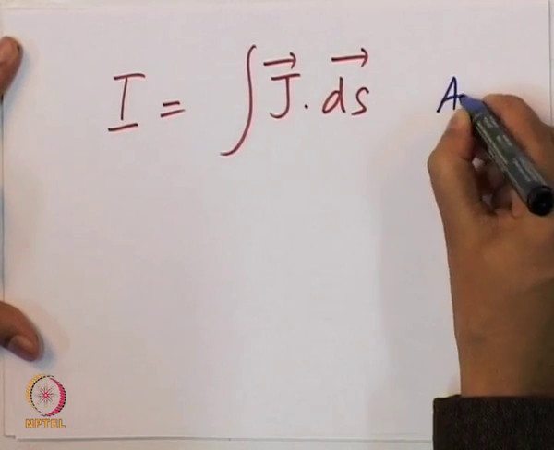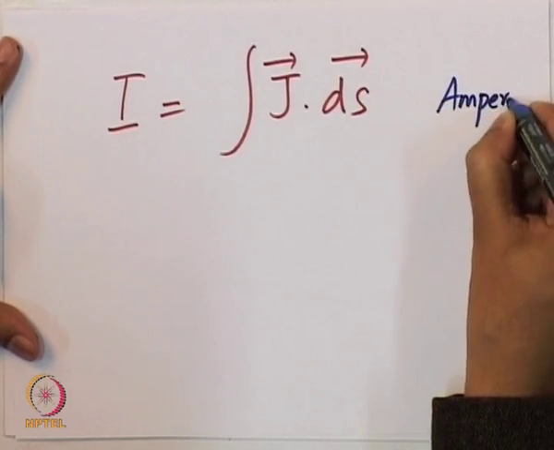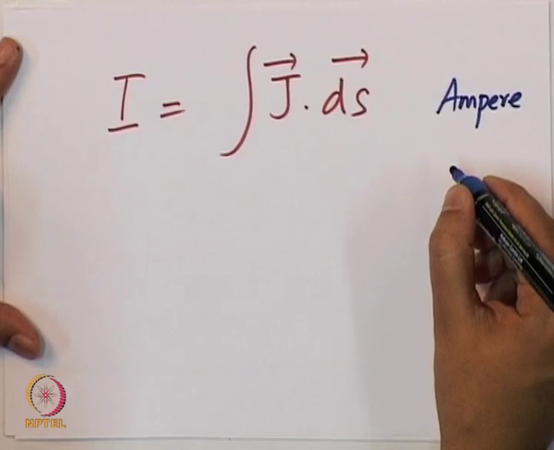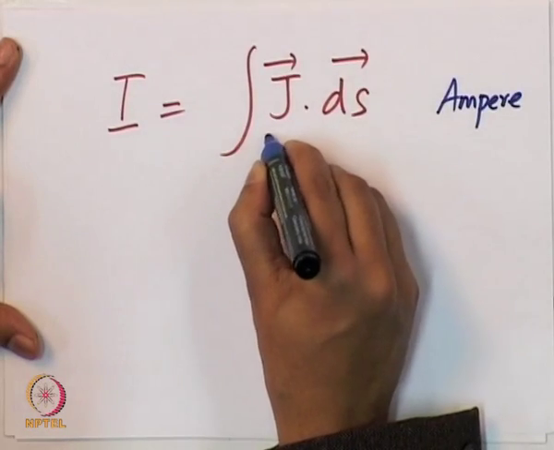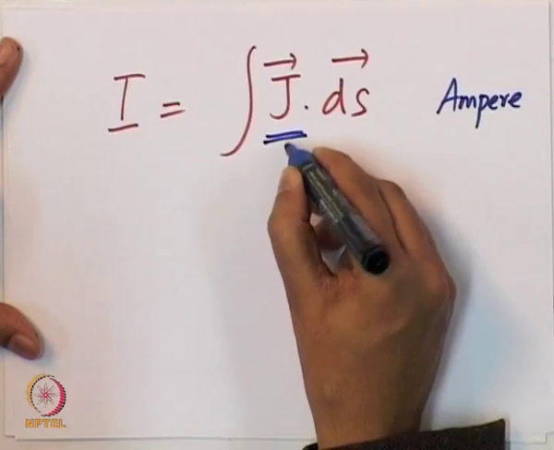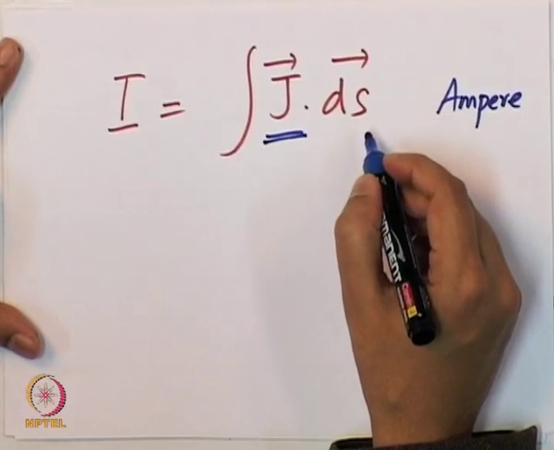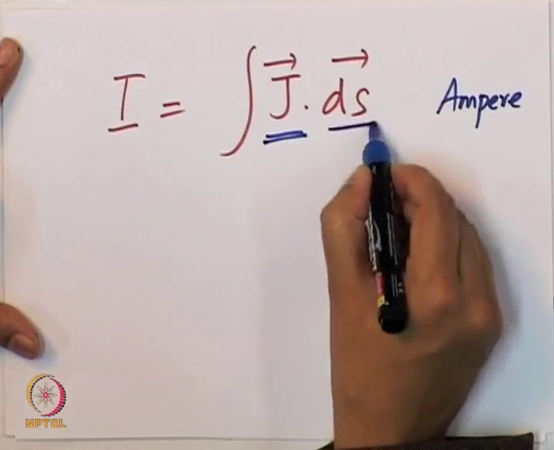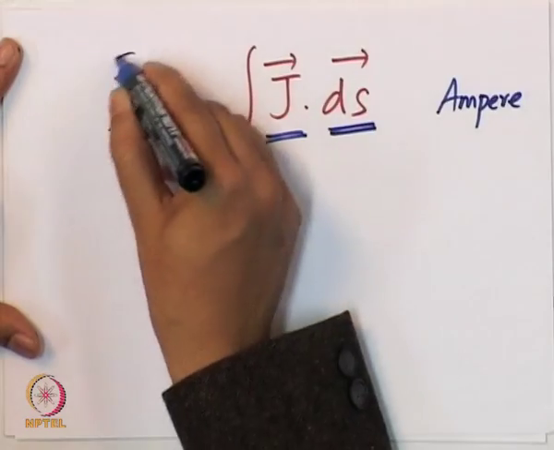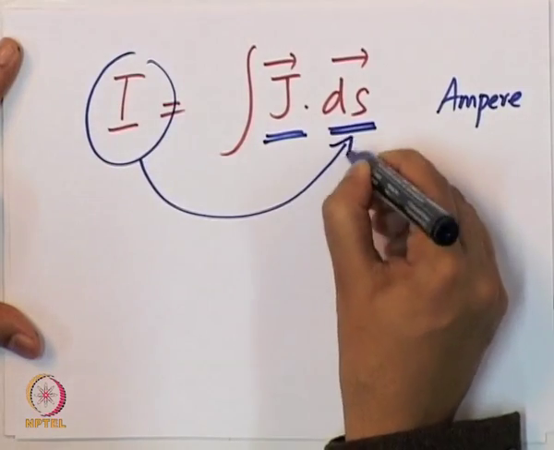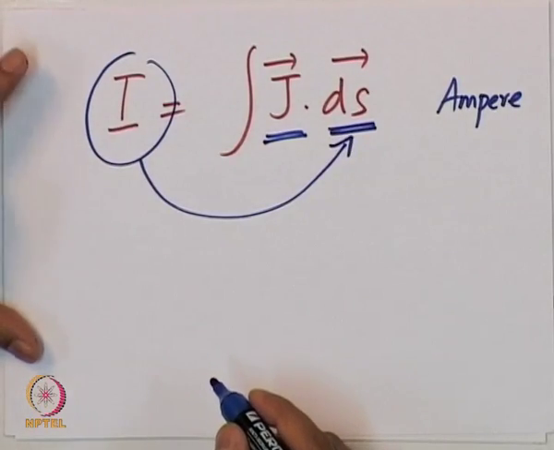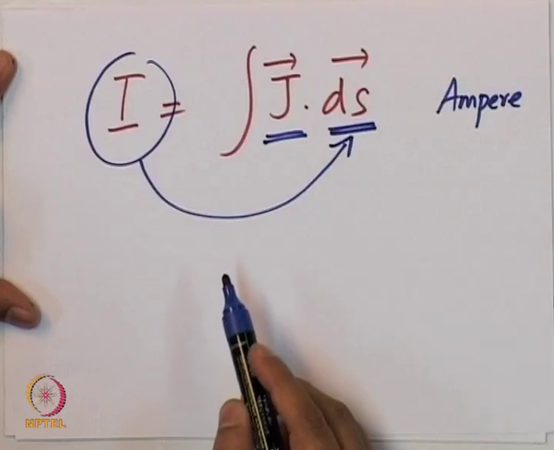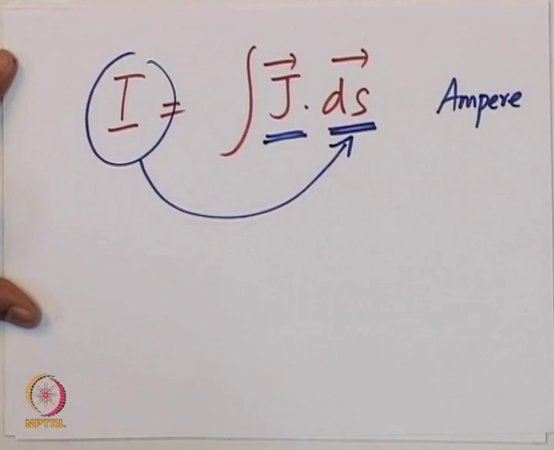The unit here is amperes, and J is in amperes per square meter, and here we have the surface, so it is associated with the surface. That being said, we have covered all the surface association.